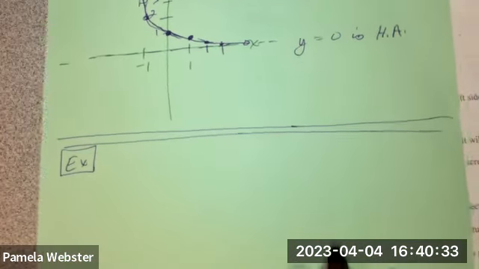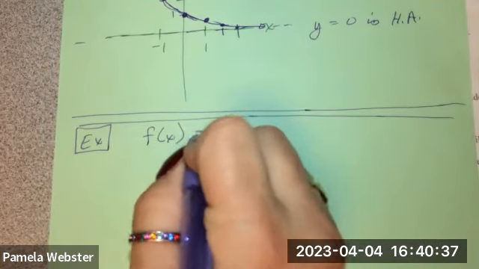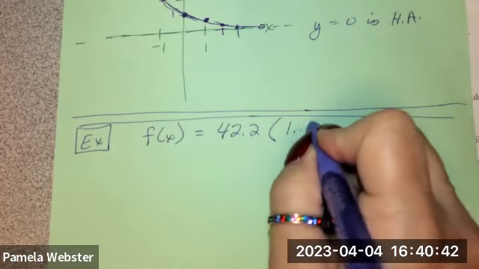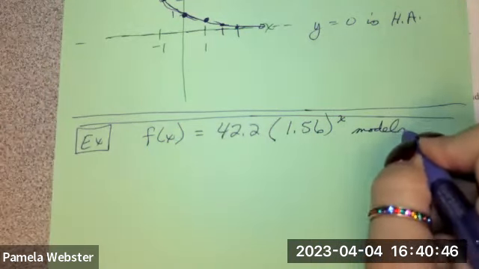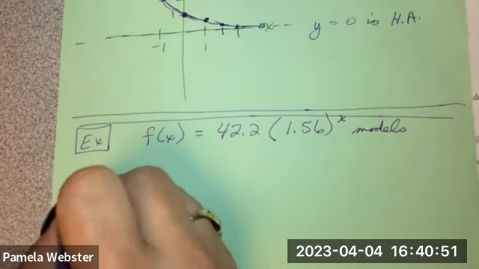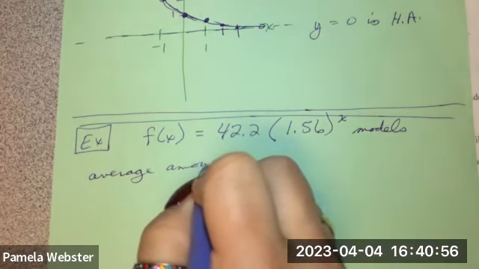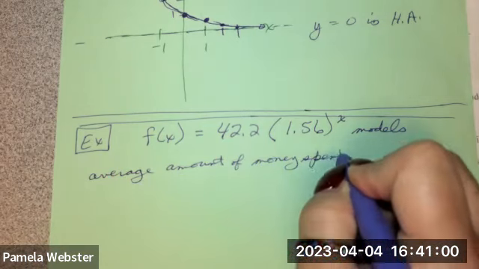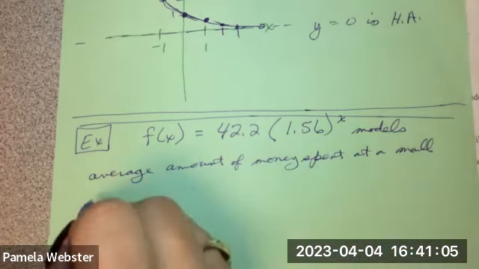There is an example in the book that says, hey, what if you have a function and it's 42.2 times 1.56 to the x value. And they tell you that this models average amount of money spent at a mall after so many hours.